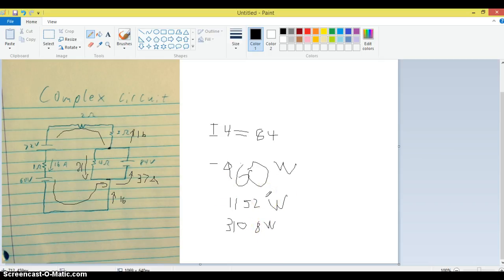So that is going to be the power provided, right?